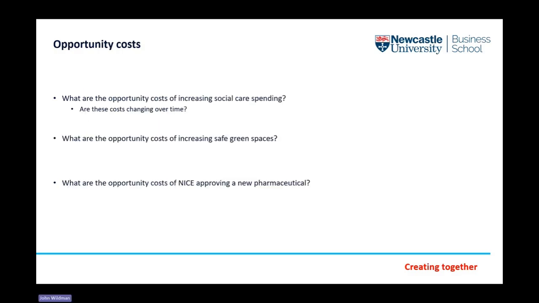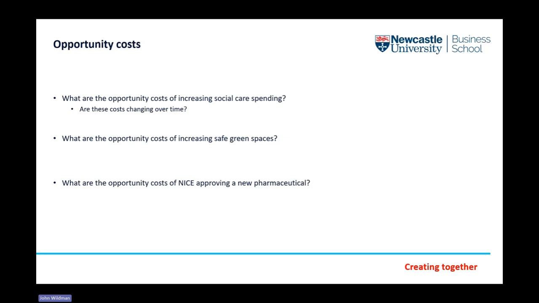And it's just useful to think about these things. So I'll raise a few things that you may face or come across in your own lives and work. Challenges for local authorities particularly can be, what's the opportunity cost of increased social care spending?